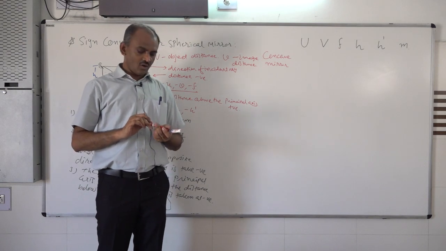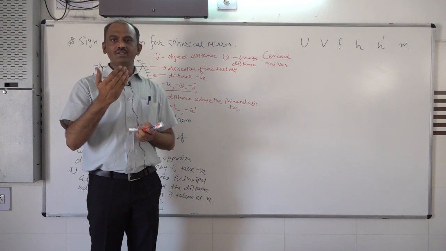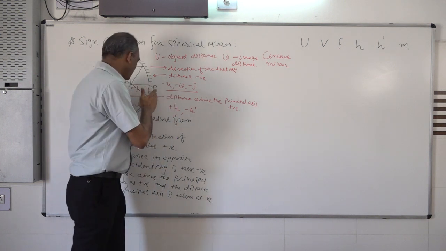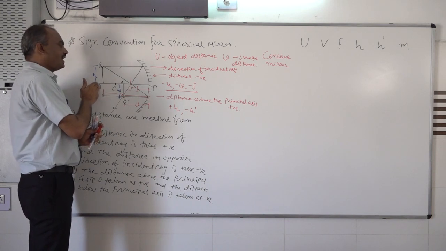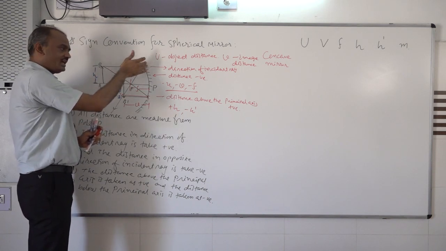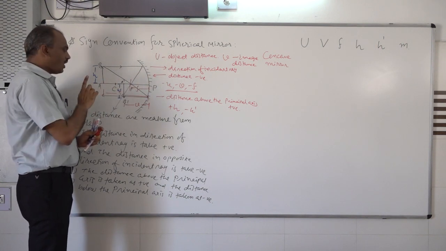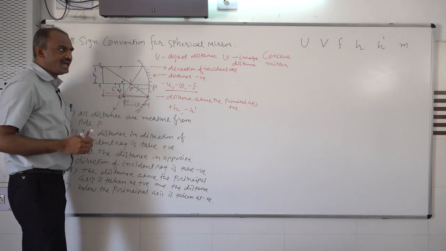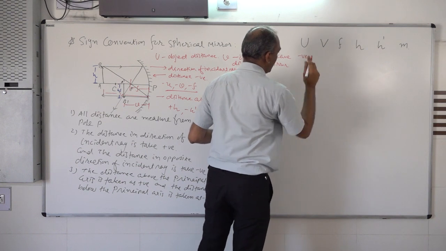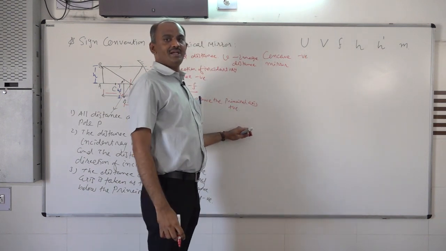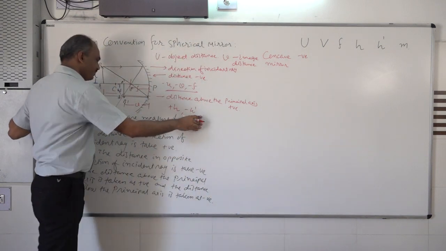For the concave mirror, we see in the ray diagram that we always keep the object on the left side of the mirror, and the direction of incidence ray and direction of the object are always opposite. So u we always get is negative. तो u की वैल्यू हमेशा नेगेटिव ही मिलेगी, कॉनकेव मिरर होगा तब. Now image formation, v.